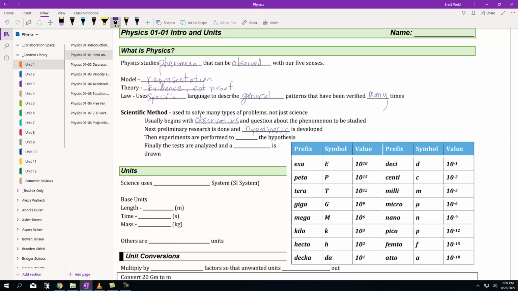Okay, so we're going to come up with a hypothesis. Then experiments are performed to test the hypothesis. We need to know, is it right or is it wrong? And finally, we analyze those tests and we come up with a conclusion. Now, there's obviously sub-steps or other parts to the scientific method, but this is at the heart of it.